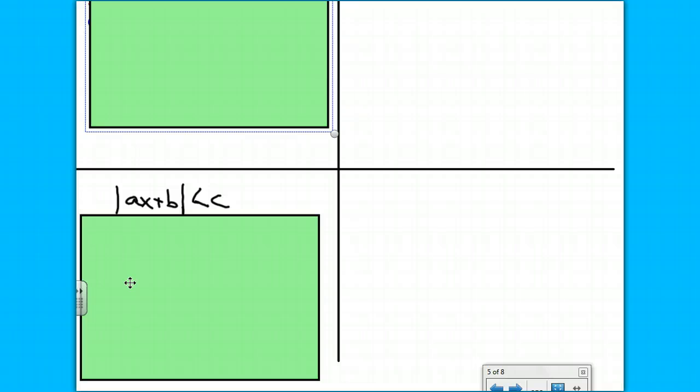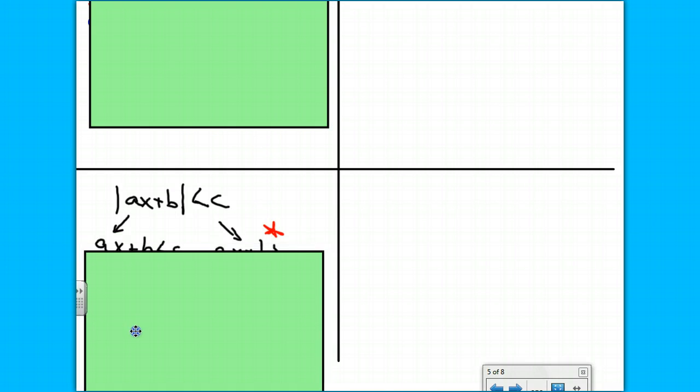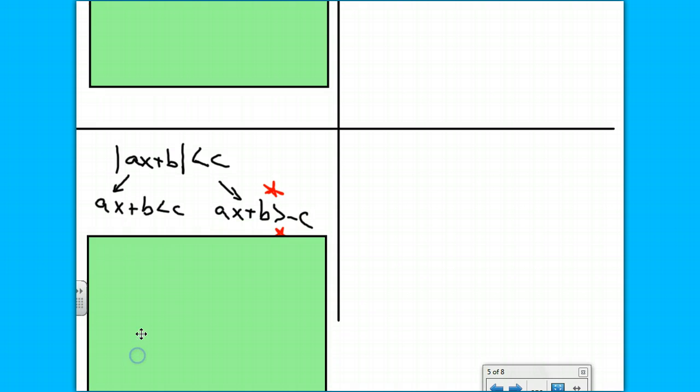Good. So she says this. One of the inequalities looks just like the original without the absolute value signs, right? And then the second inequality, AX plus B, is now greater than negative C.